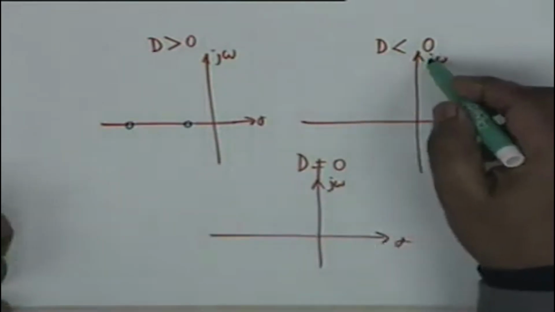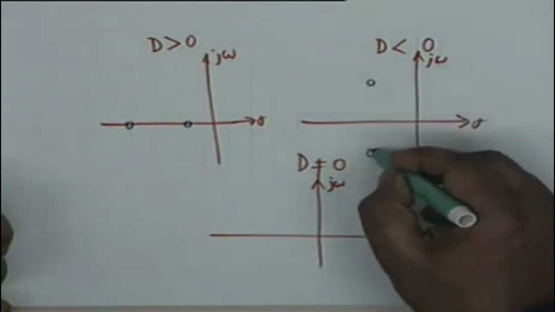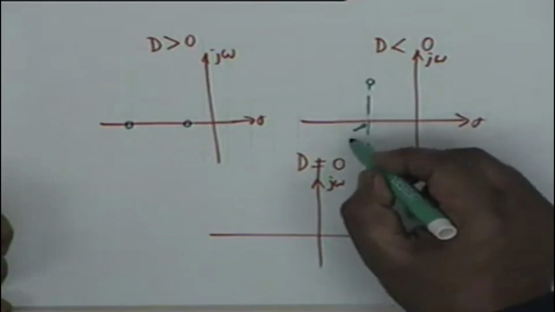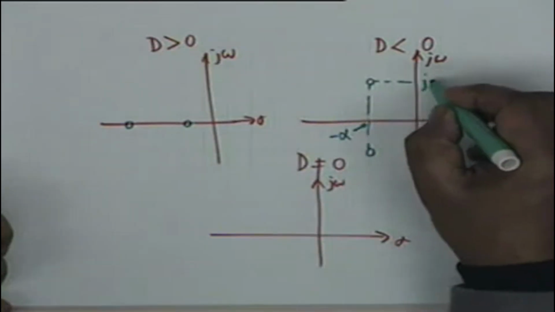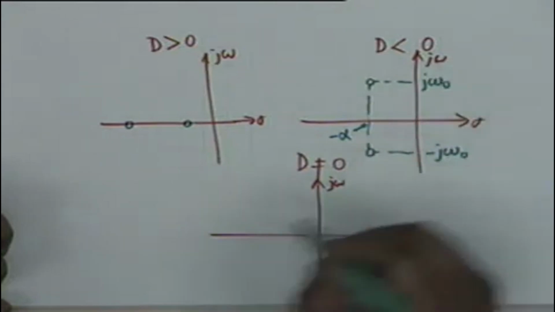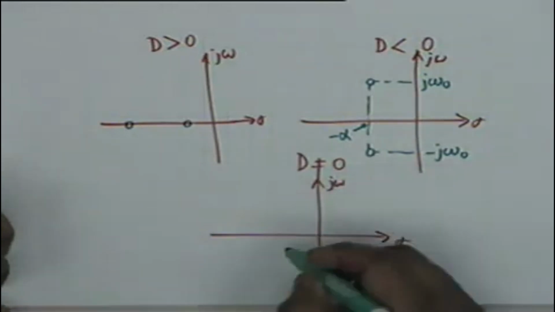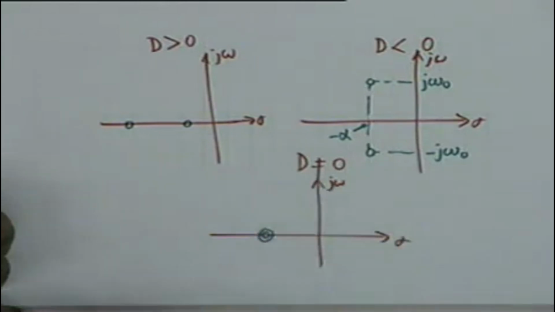In the second case, that is the underdamped case, we have two complex conjugate roots, where this distance is minus alpha and this point is j omega 0, this point is minus j omega 0, alright, minus alpha plus minus j omega 0. On the other hand, if I have the critically damped case, then the two roots coincide on the negative real axis. Alright, is it okay?